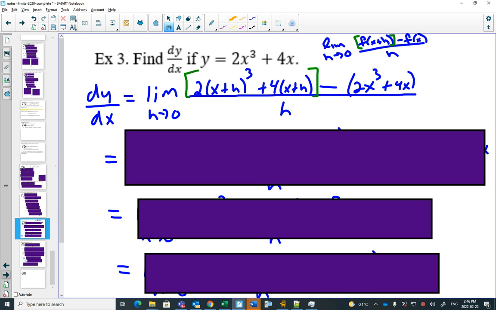F of x plus h means wherever you had an x, you're replacing it with x plus h. So I had 2x cubed plus 4x. I now have 2 times x plus h cubed plus 4 times x plus h. And then in purple brackets, I'll put purple brackets around that, minus f of x. Then we subtract what f of x was originally.